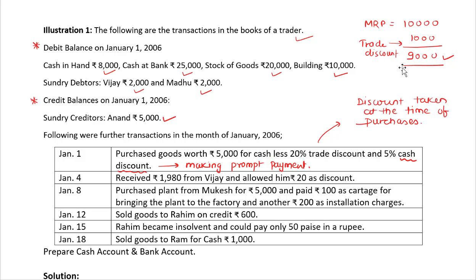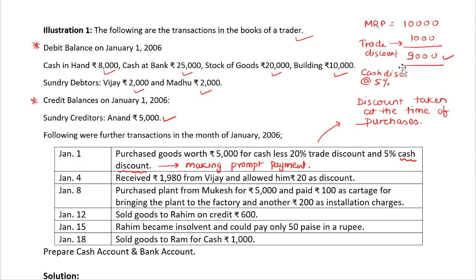You are like, fine, okay, there is no problem. After 3-4 days, you received a call from the shopkeeper and he said, sir, I want to offer you a further discount of 5%. You will be asking the shopkeeper, sir, why are you so generous? Why do you want to offer a discount of 5%? He'll tell you that, sir, if you make me a quick prompt payment, I will be offering you a cash discount at the rate of 5%.